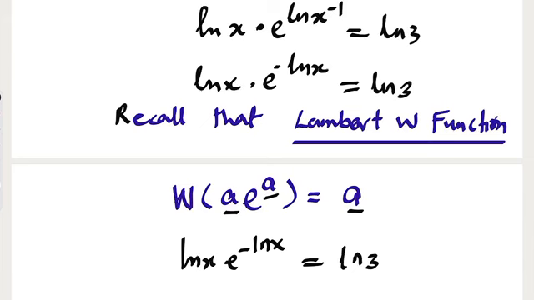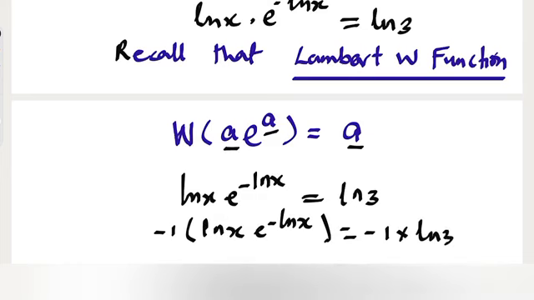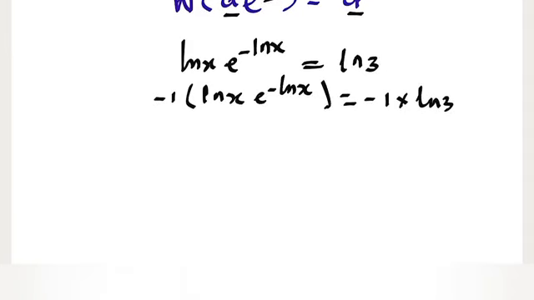Therefore, we're going to have minus ln of x e to the power of minus ln of x equals minus ln of 3.